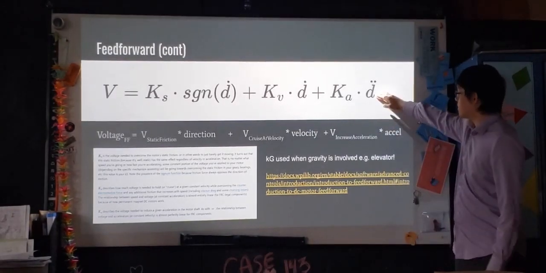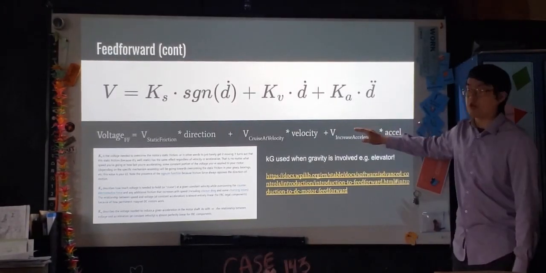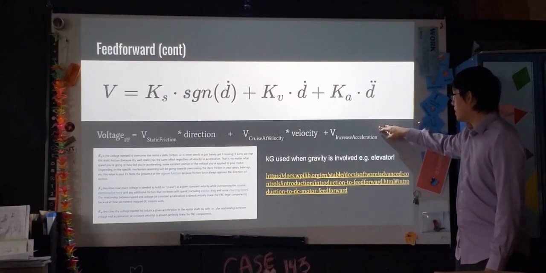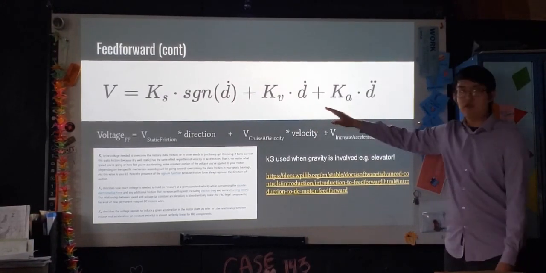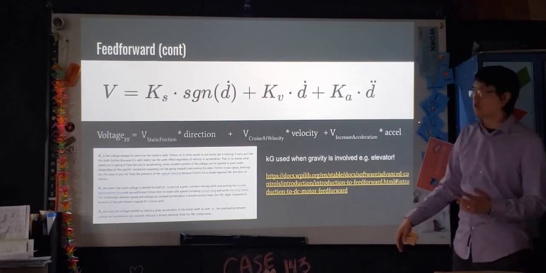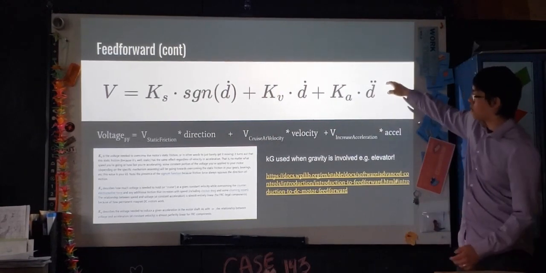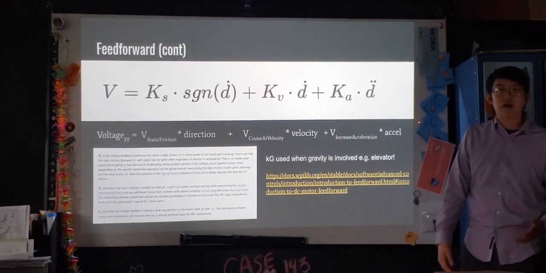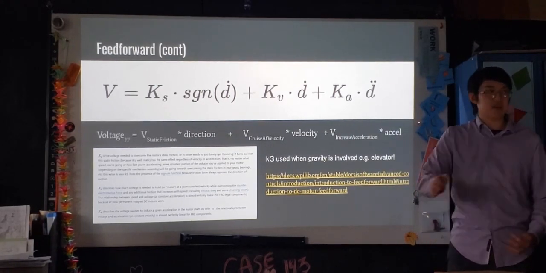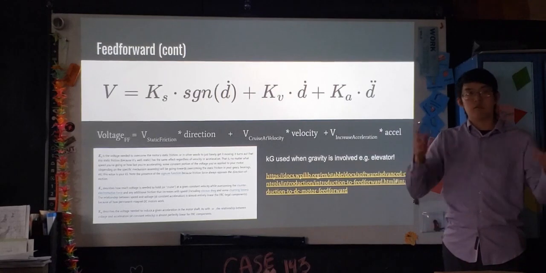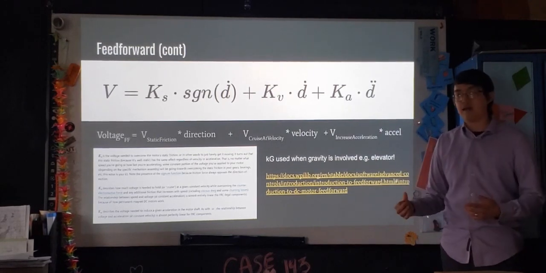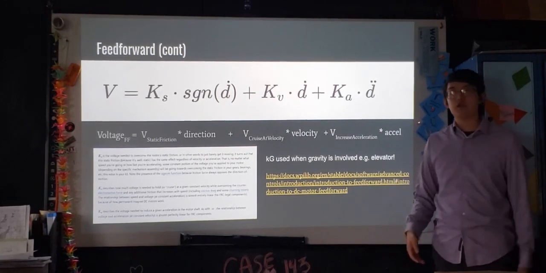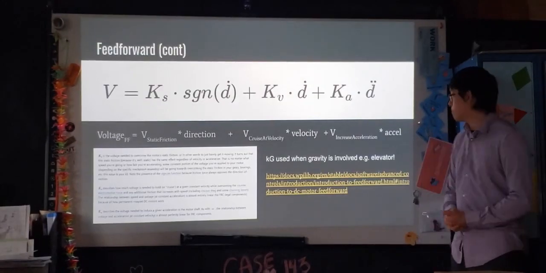And that's the derivative of d, which is the acceleration. And this equation changes when gravity is included. Gravity adds plus Kg, the gravity constant, times cosine of theta, theta being the angle that your arm or subsystem is at. That's just part of the equation to compensate for gravity.